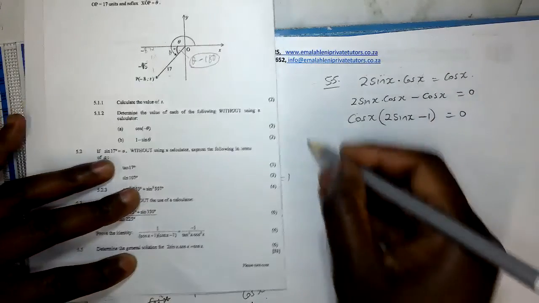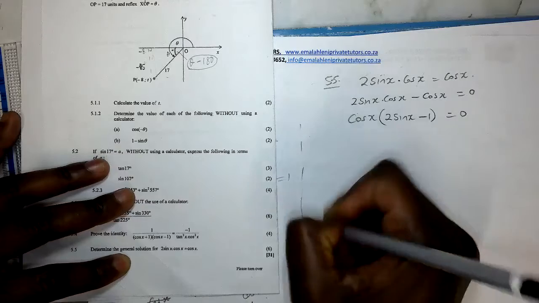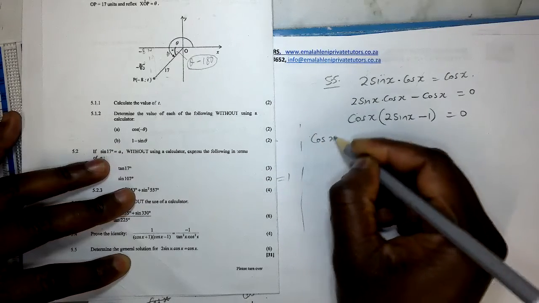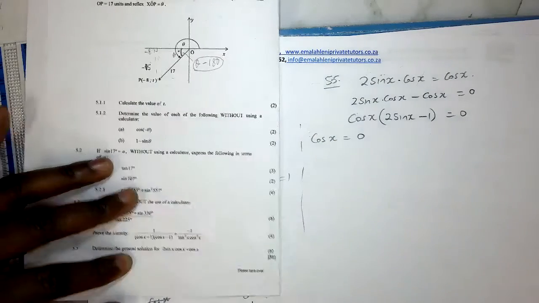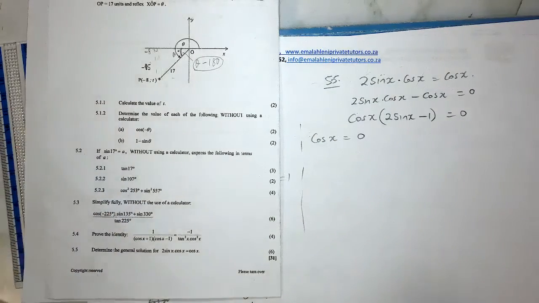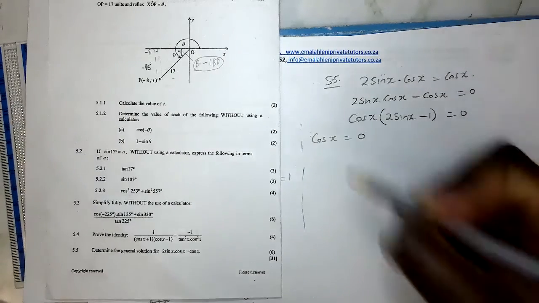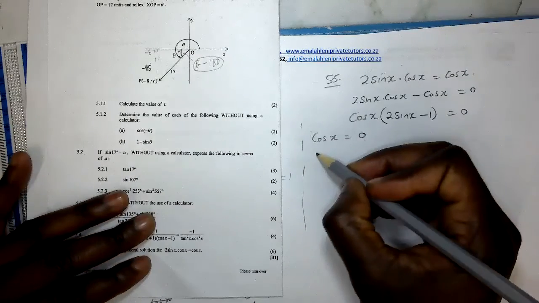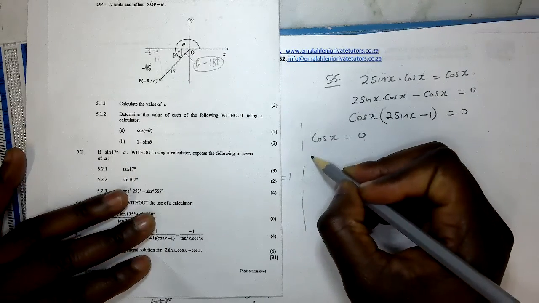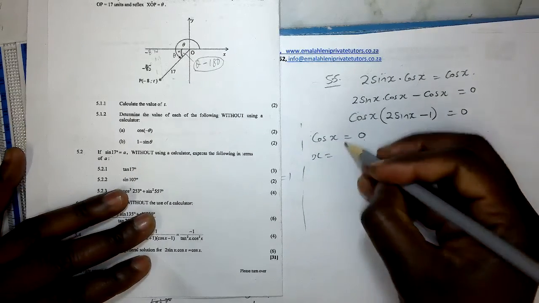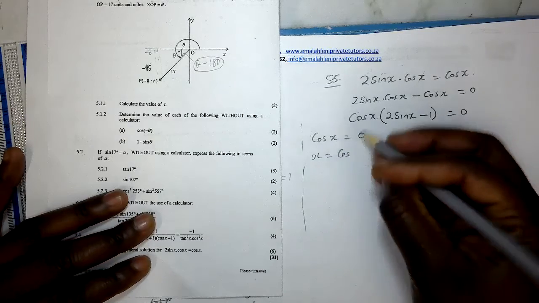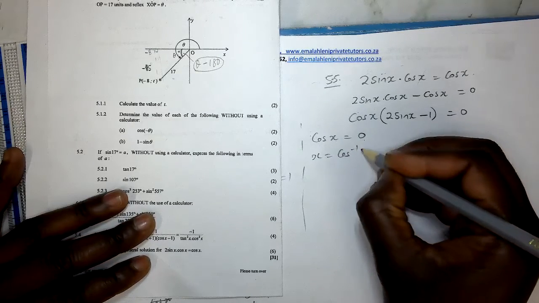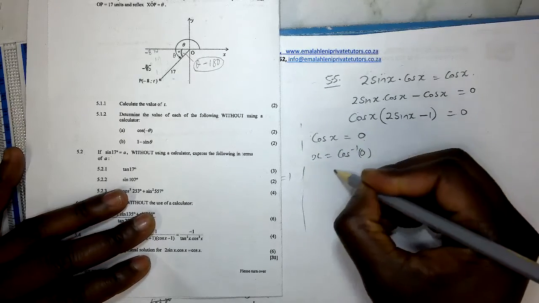So cos x is equal to 0. Now, for you to get 0 here, you're going to say arc cos of that. So x is equal to arc cos of 0. Arc cos of 0. What do we get?